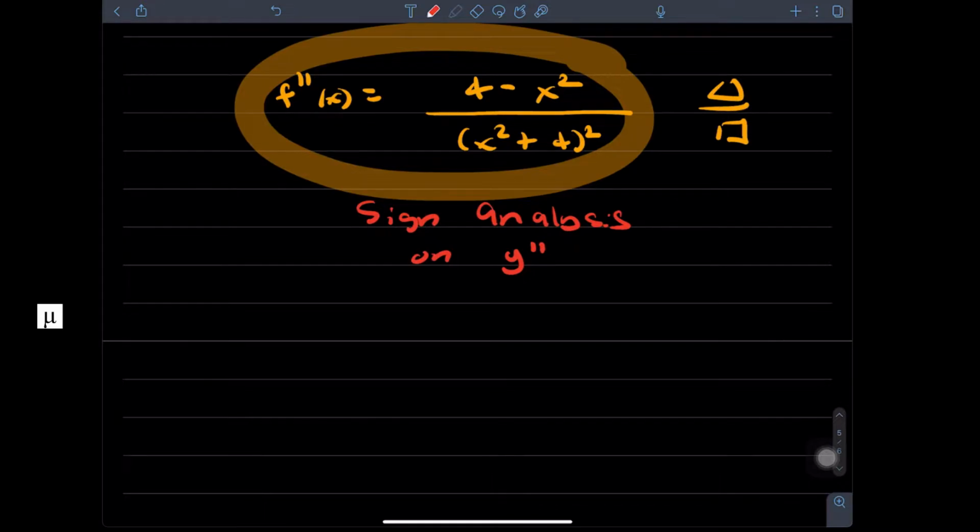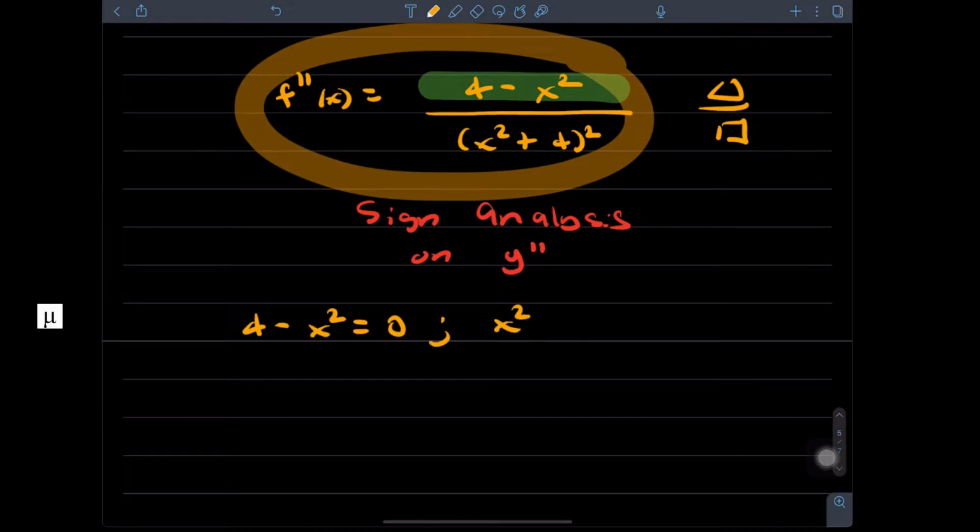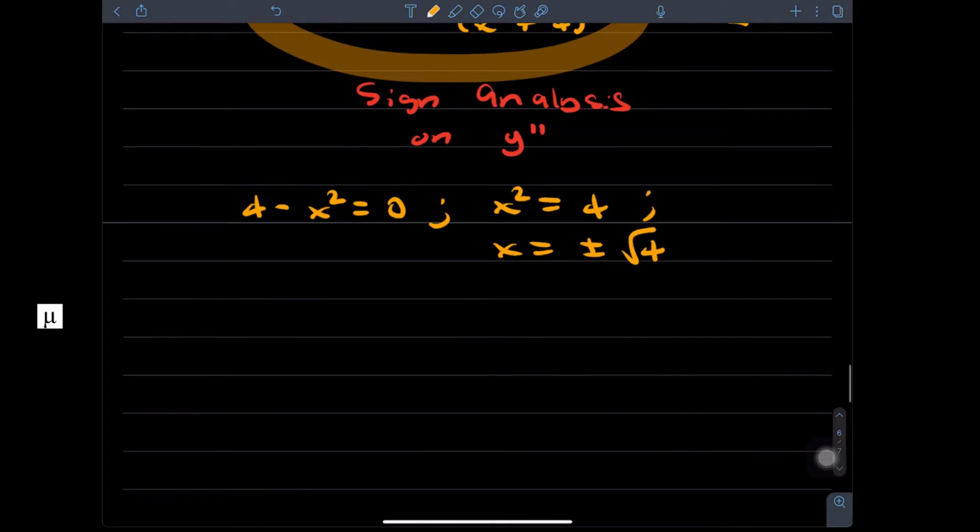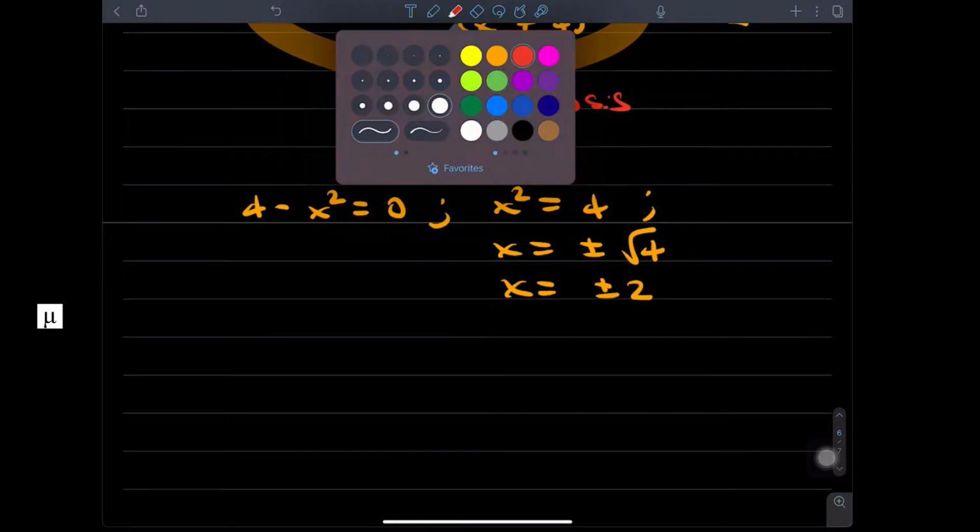So you set that numerator equal to 0 here. You get what? 4 minus x squared is 0, which means x squared is 4. And that means x will be plus or minus square root of 4, or x is plus or minus 2.